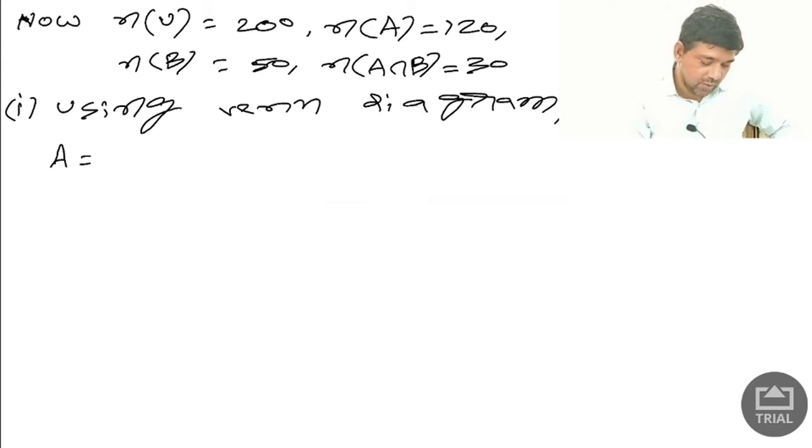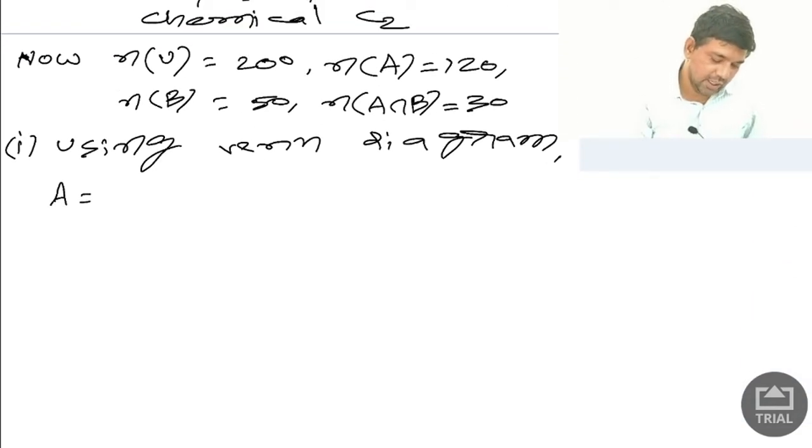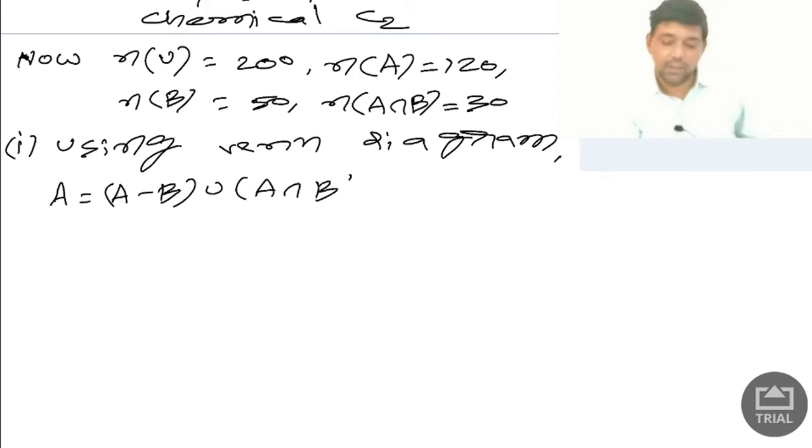We can see set A is equal to this portion union this portion. So I can write this as A equals A minus B union A intersection B.